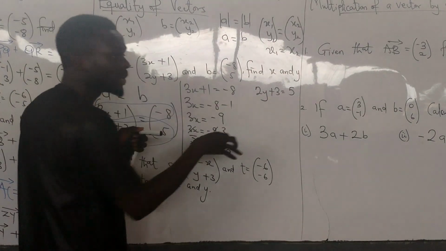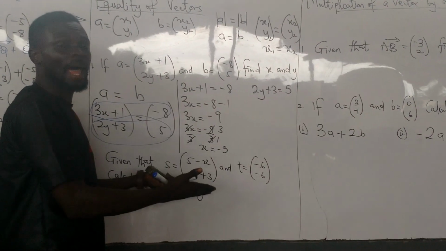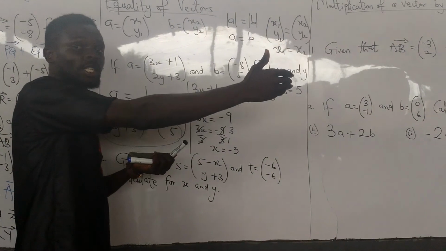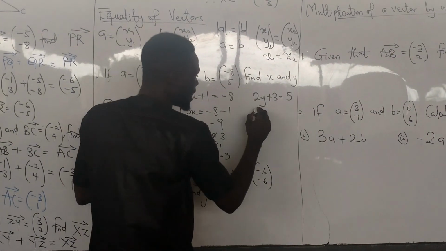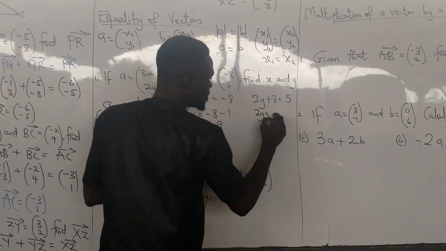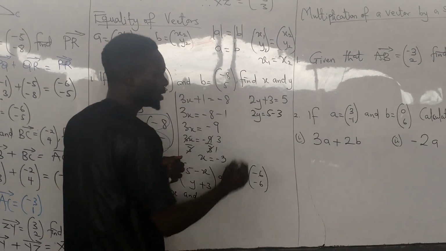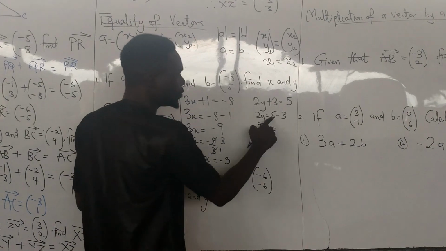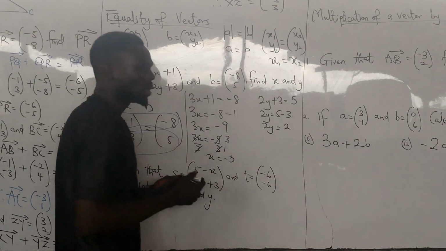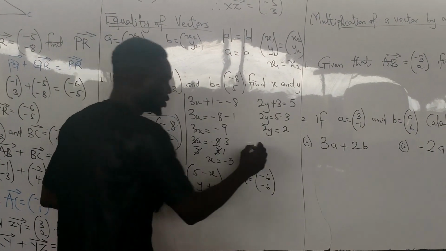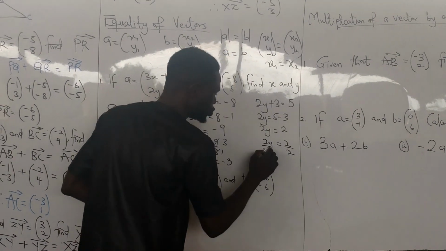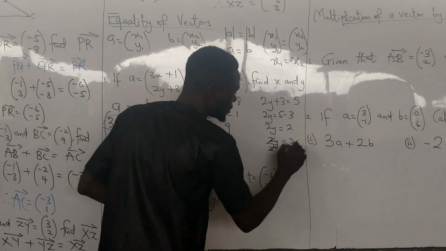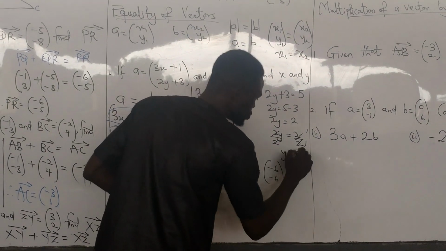We want y, so what do we do? You group like terms, because we have been taught equations in our previous video. So grouping like terms, we get 2y is equal to 5 minus 3. So 2y is equal to 2. I want y to stand alone, so divide both sides by 2. The 2 will cancel out, 2 here 1, 2 here 1. y is equal to 1.